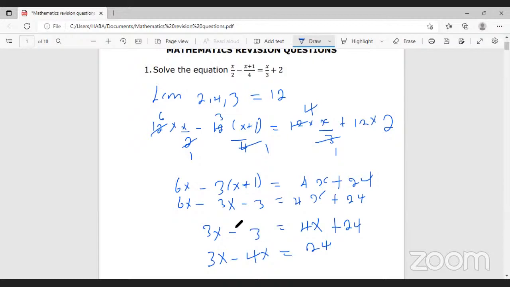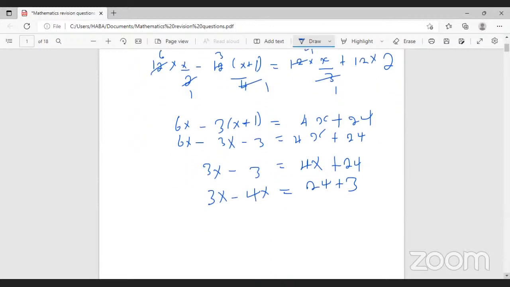What happens to negative 3 when it crosses the equal sign? It becomes positive, so plus 3. So what is 3x minus 4x? It is negative x. 24 plus 3? 27. Good.